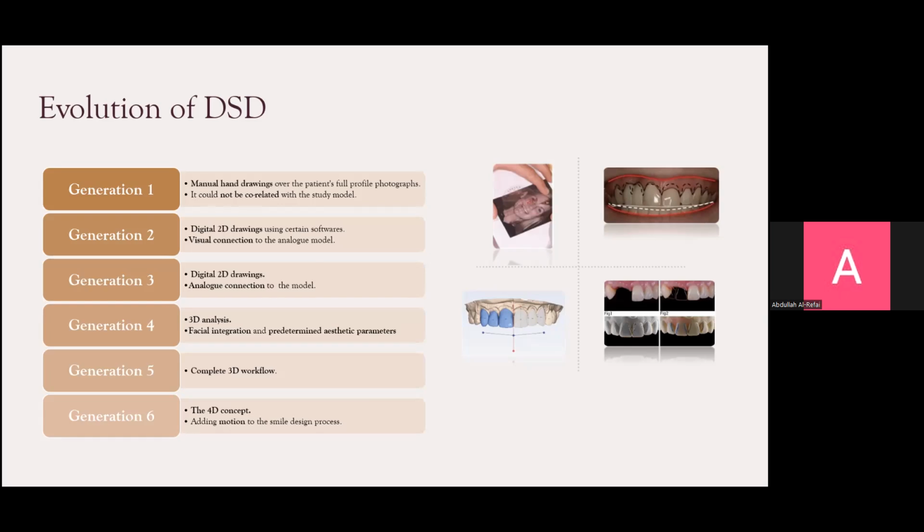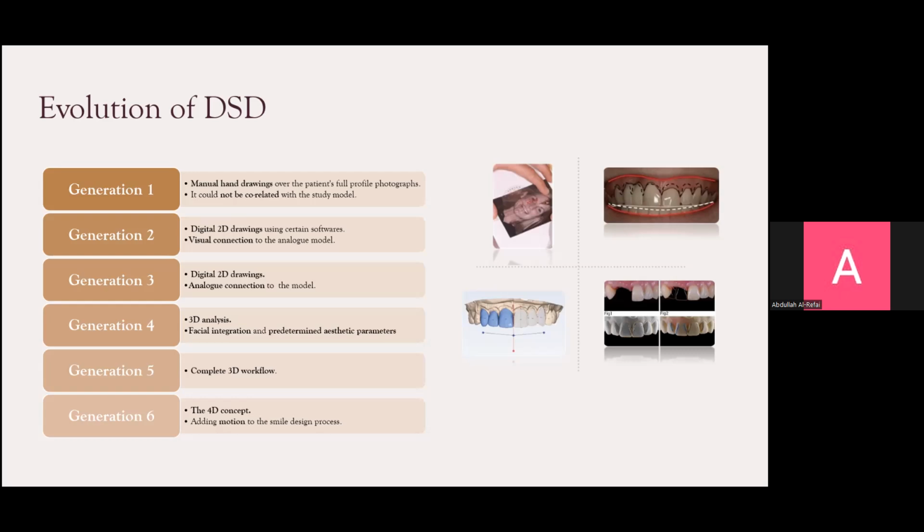In this generation, we used specific digital smile design software for dentistry. However, in generations 2 and 3, we used software that is not specified for dentistry and for digital smile design. So this is the difference between the fourth generation and the previous generations.